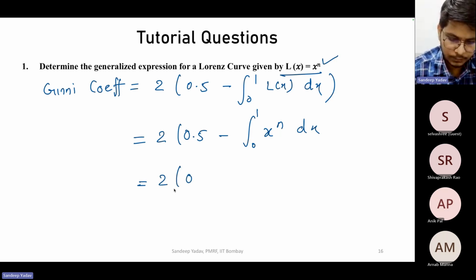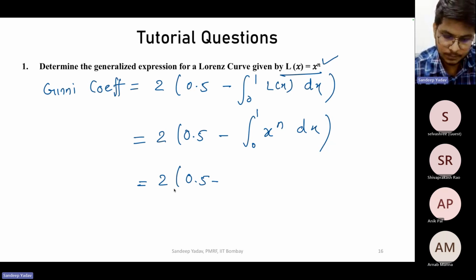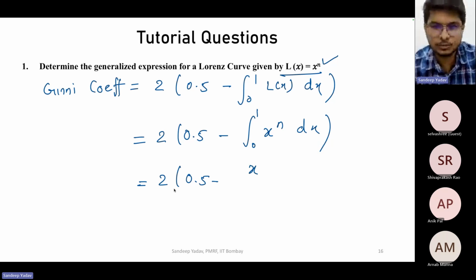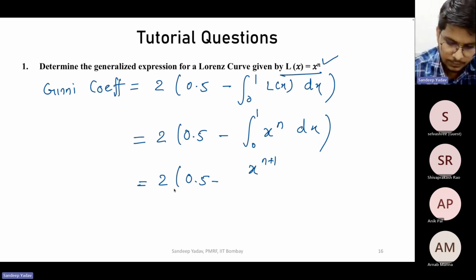Now 2 into, just close it, 0.5 minus, the integration of x to the power n will be x to the power n plus 1 divided by n plus 1, from 0 to 1.